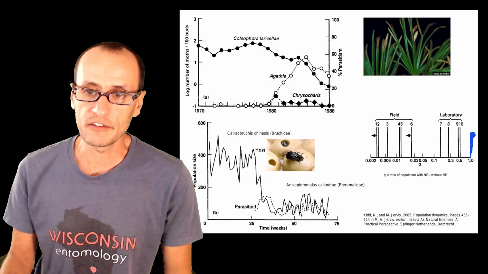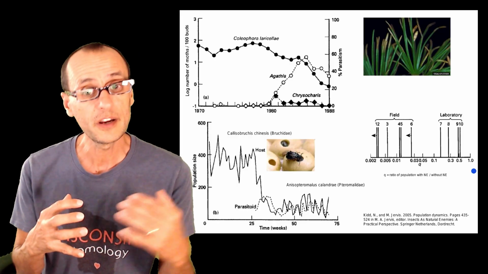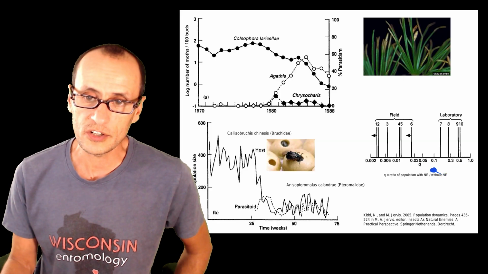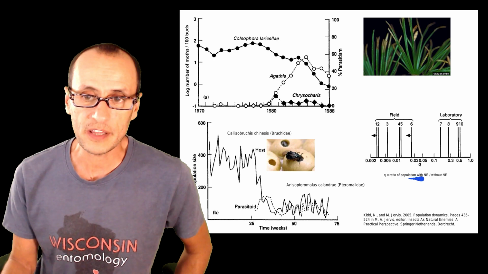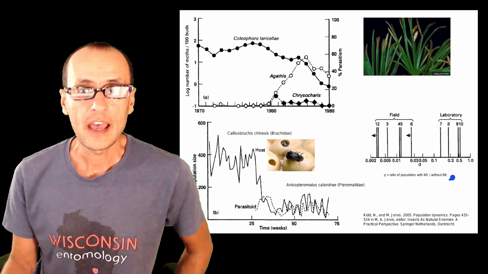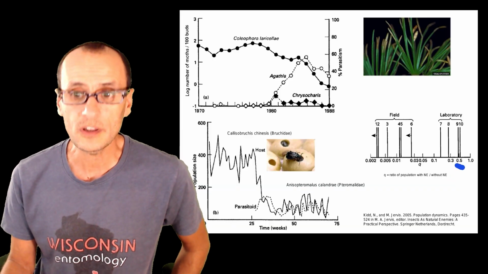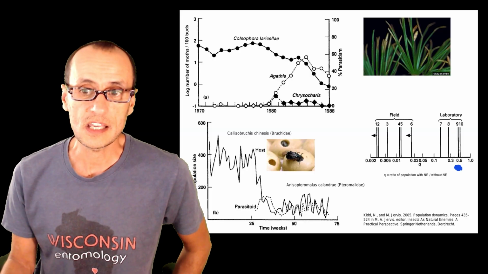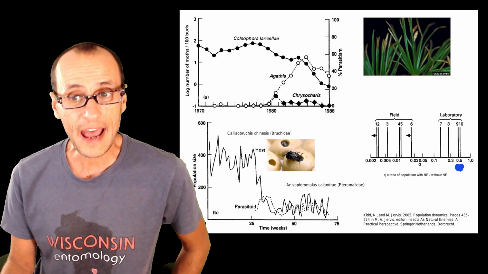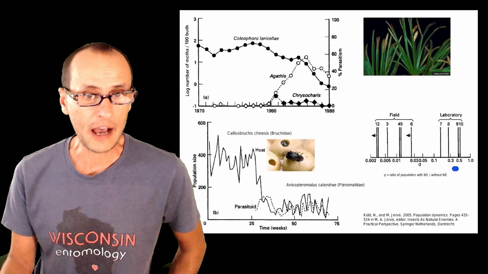This is a summary here of studies that actually looked at that relationship between the introduction of a predator and the consequences for prey. And what you see here is the ratio of the population with the natural enemy compared to that without the natural enemy. And for many biological control introductions that become successful, often the populations with the natural enemy, the predators or the parasites, are about half or more smaller than they are without those.